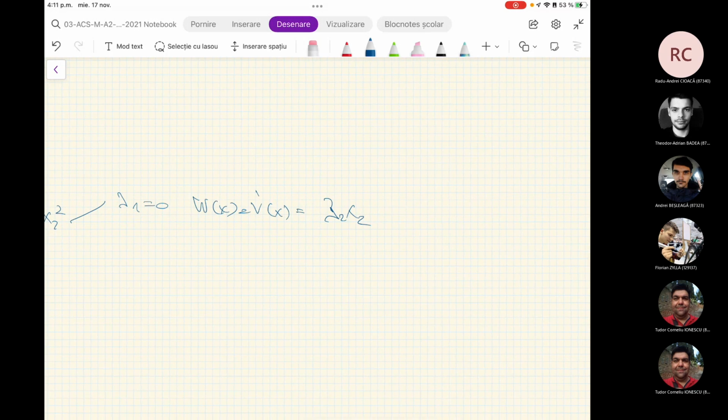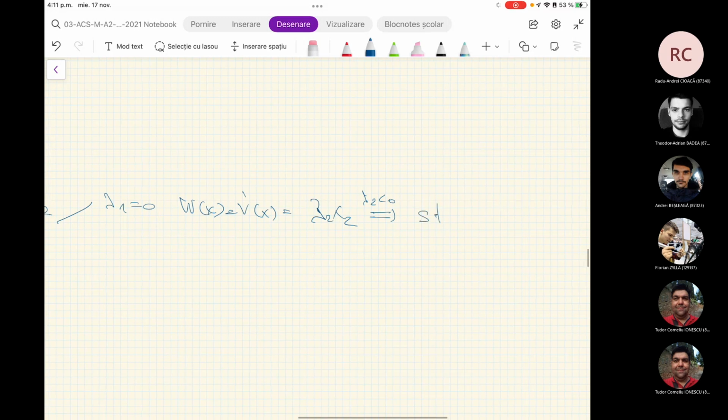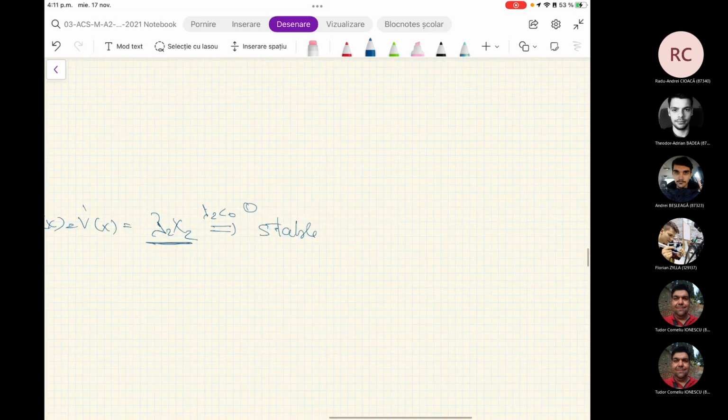So if lambda 2 is negative, then you still can have 0 stable, but not asymptotically stable. Not asymptotically stable because you don't know what x1 is doing. This depends only on x2. Don't know what x1 is doing, so this is only stable, not asymptotically stable.